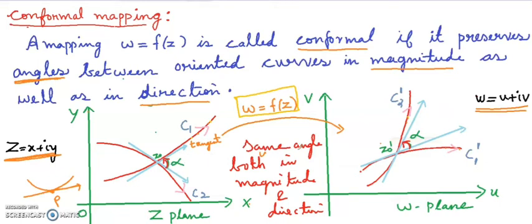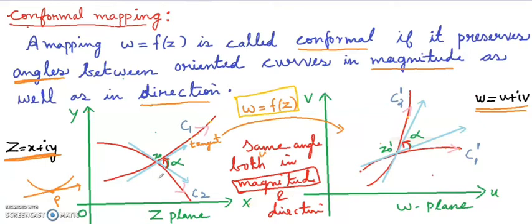So the angle will be the same. The angle value, the magnitude, means the value of this angle, alpha. If you have 30 degrees here, then here also that will be 30 degrees. So in both the planes, the angles will be equal. They have the same value. That is, they are the same in magnitude and in direction.